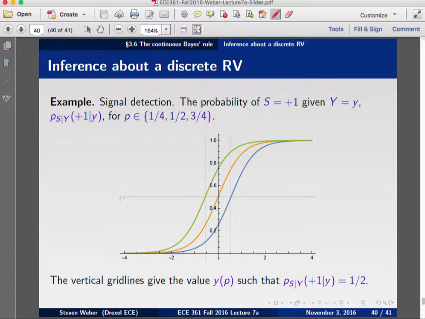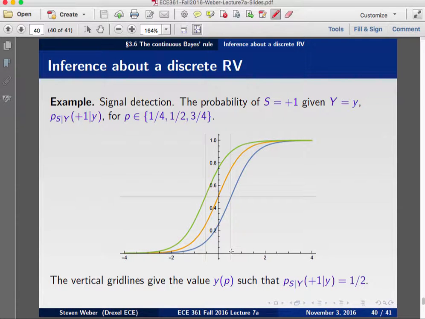And I've drawn a horizontal grid line at 1/2, and the vertical grid lines are where those lines intersect that 1/2 grid line. In particular, the blue curve corresponding to p equals 1/4 intersects 1/2 at this value just above 1.